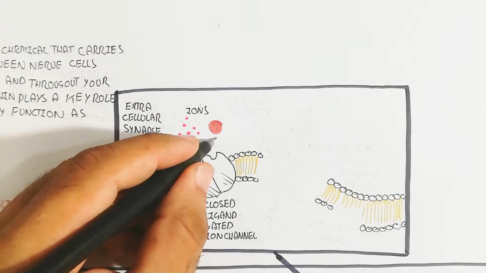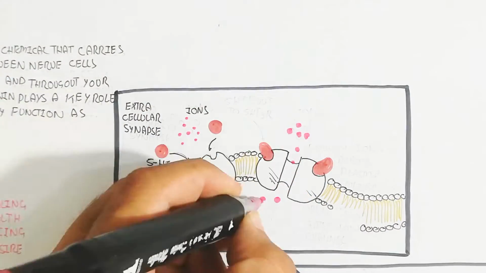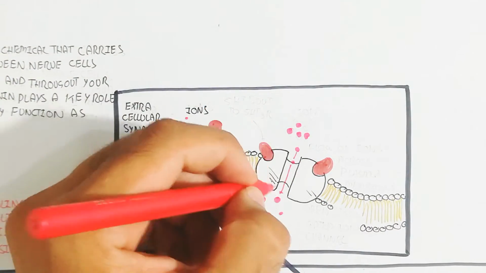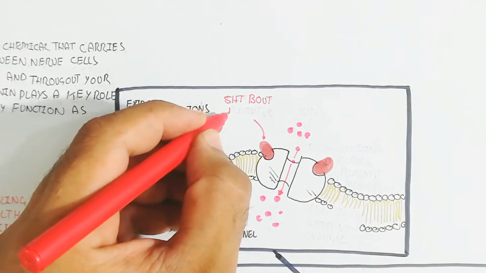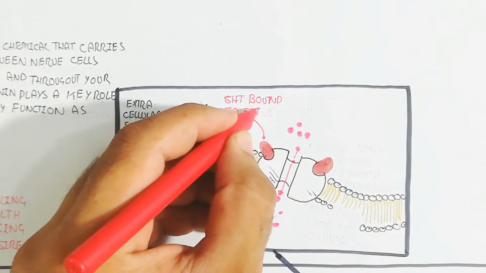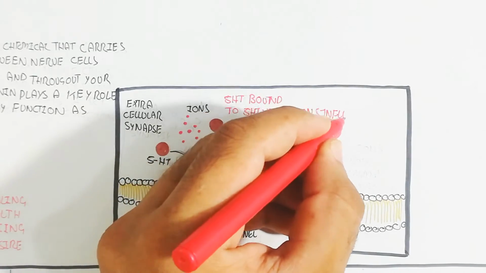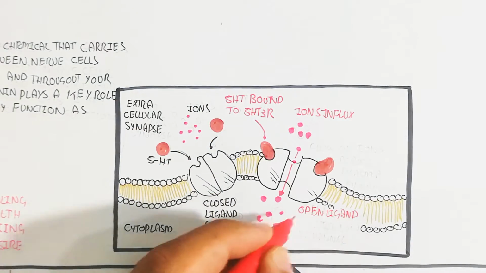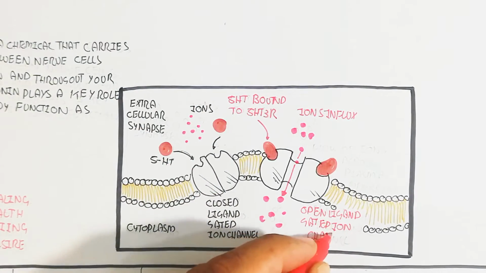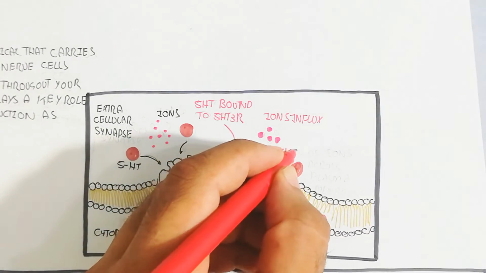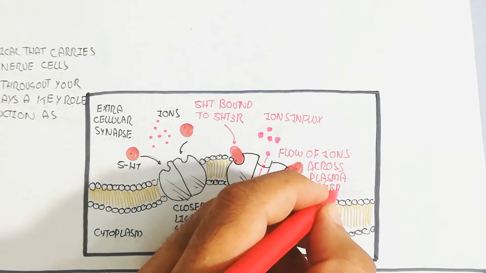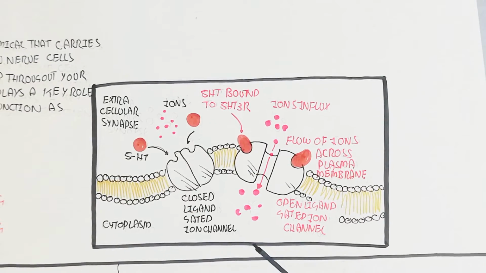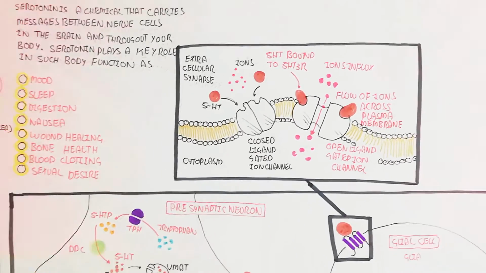After the opening, ions will move into the cytoplasm, so the ions influx. And in this way you can see the 5-HT bound to the 5-HT3 receptor will lead to flow of ions across the plasma membrane and into the cell, leading to depolarization, which will trigger stimulation or other things.